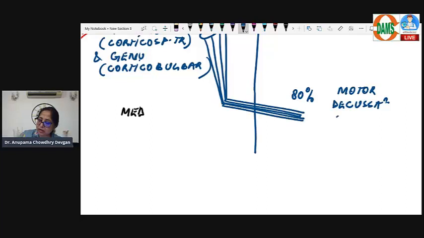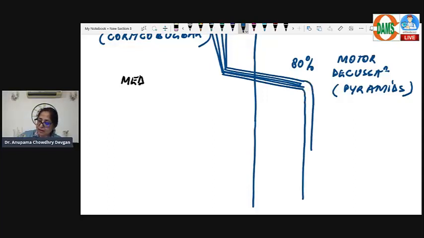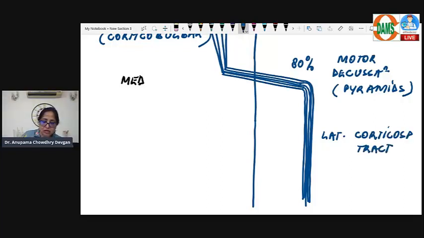Motor decussation results in the formation of pyramids. And these 80% of the fibers which have crossed over to the opposite side form the lateral corticospinal tract. Lateral corticospinal tract is also known as the pyramidal tract.